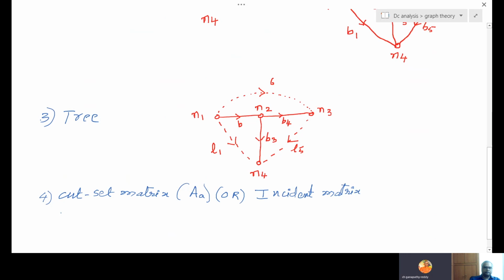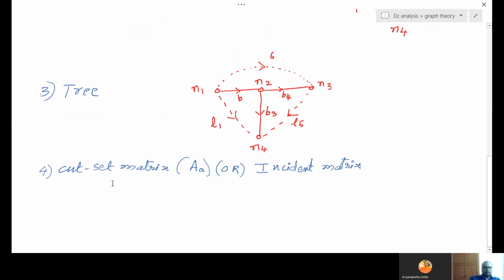Incident matrix. So how to get cut set matrix?